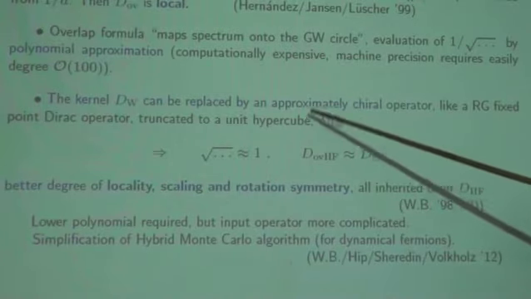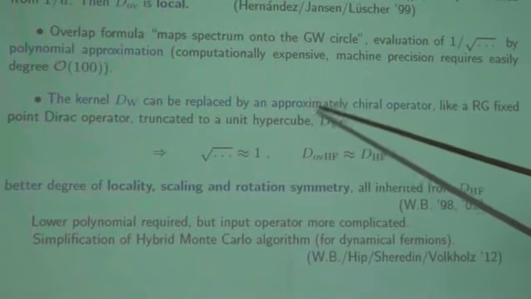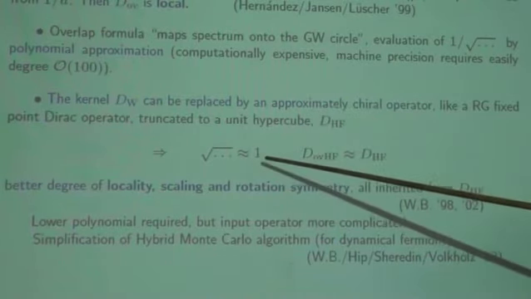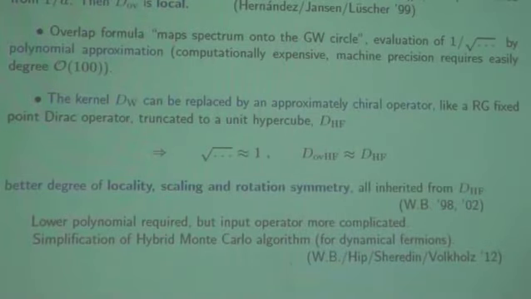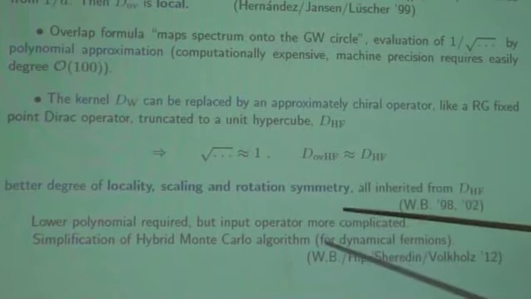You have more couplings than the Wilson couplings in this kernel, which is in the square root, so it makes it again more complicated to simulate, but still this is something that we have worked out in recent time, and we can see there are advantages but also some problems to it.